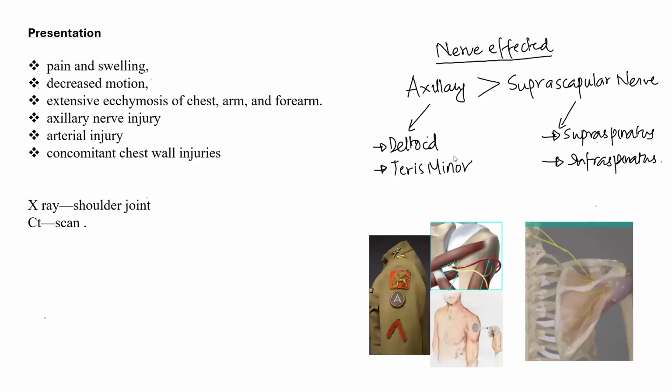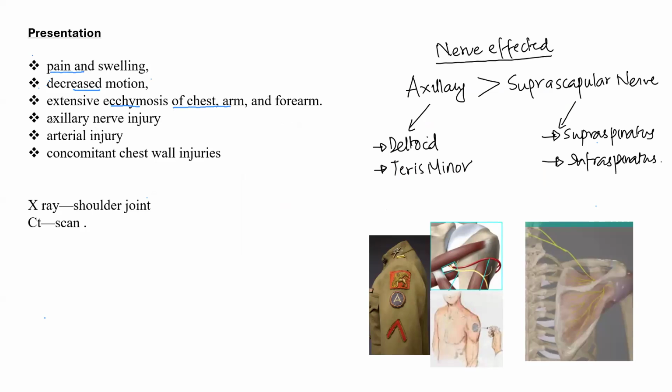So what is the presentation? We have pain and swelling following the injury. The patient will have pain, swelling, and decreased movement as signs of the fracture. There is extensive ecchymosis because there is a lot of vascularity around the proximal humerus and a lot of loose tissue, so there are bruises on the chest, arm, and forearm, as we saw in the introductory case.